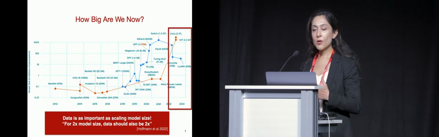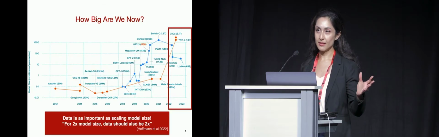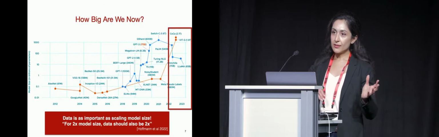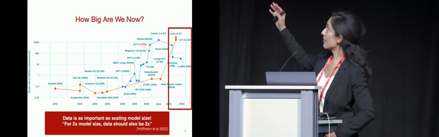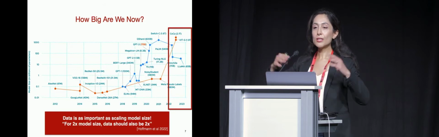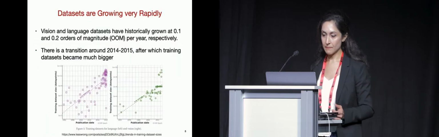Otherwise, our machine learning models are going to be undertrained, and we are not getting the optimal performance. This was a little bit contradictory to the previous scaling law effect. And now, people went down with the size of the models, and we started increasing massively the size of our training data sets since then.